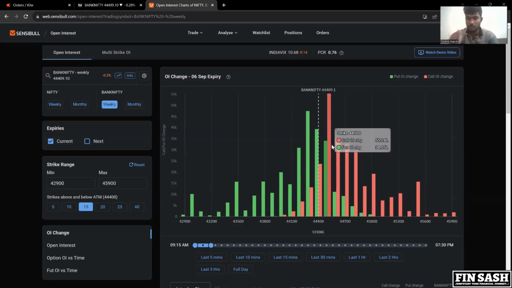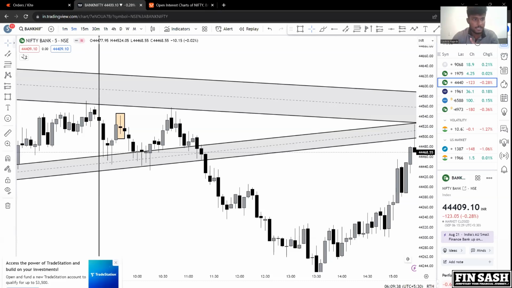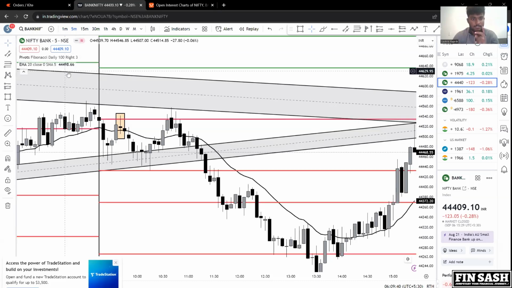So this was one fundamental side where I was a little bit confident that the market might be bearish today. The second thing is, if I open two indicators, the pivot points and the EMA, let's use a little bit of trading psychology here.